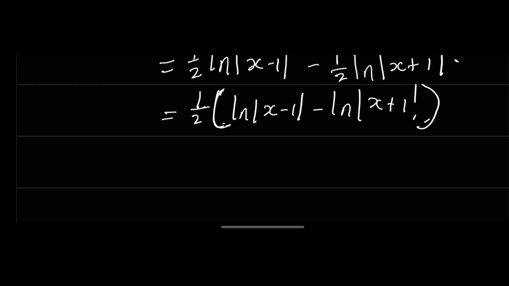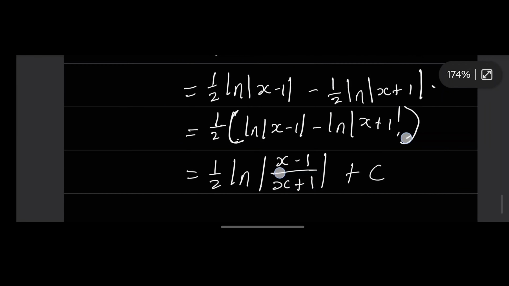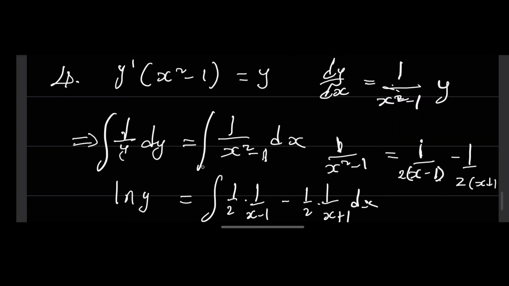When you have the difference of logs, it is the log of the quotient. So we'll take the quotient: half natural log of x minus 1 all over x plus 1, plus c, should be the integral of the right side.